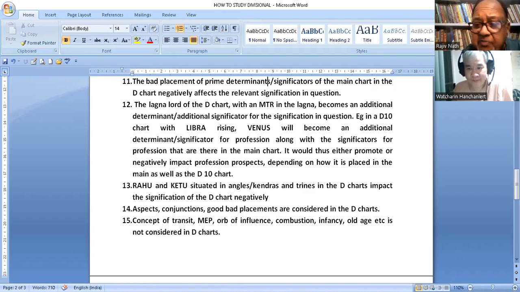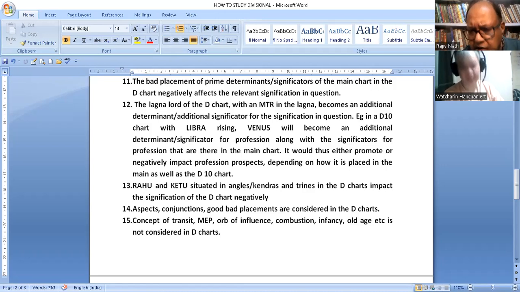So Venus in his main chart also would become an additional significator or determinant for profession. You get it? In addition to the main chart profession determinants or significators. So this is a very, very important thing that you have to remember.